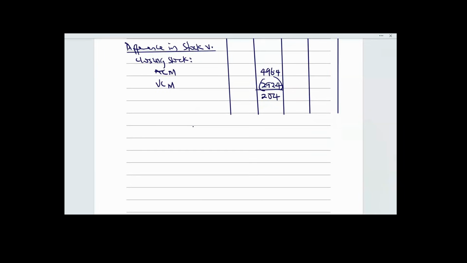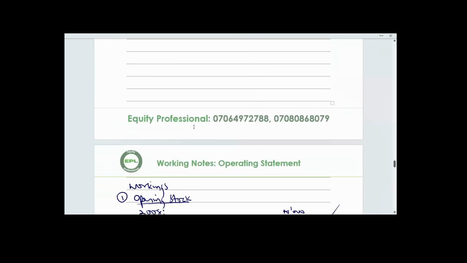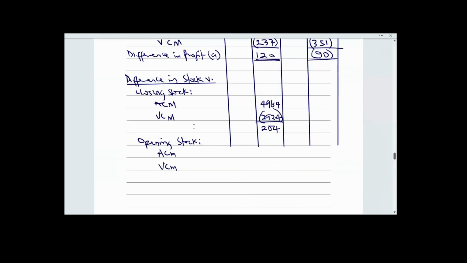You then find the difference in opening stock, for ACM and then the variable costing method. Opening stock 2008 under the absorption costing method, we got 204.4.